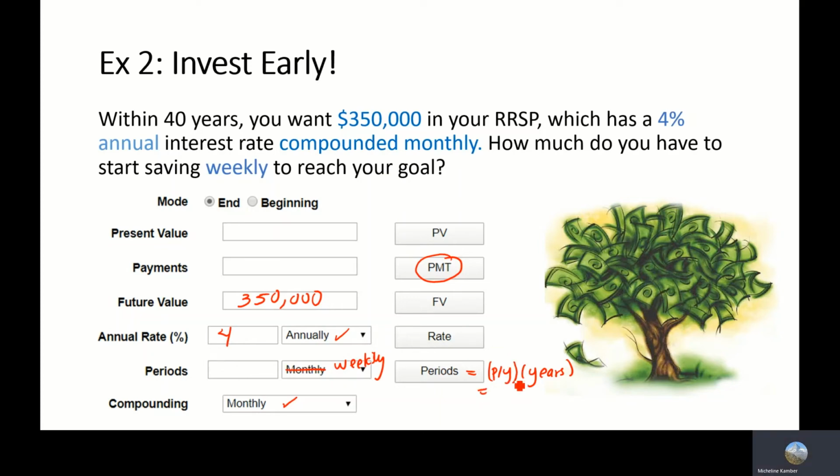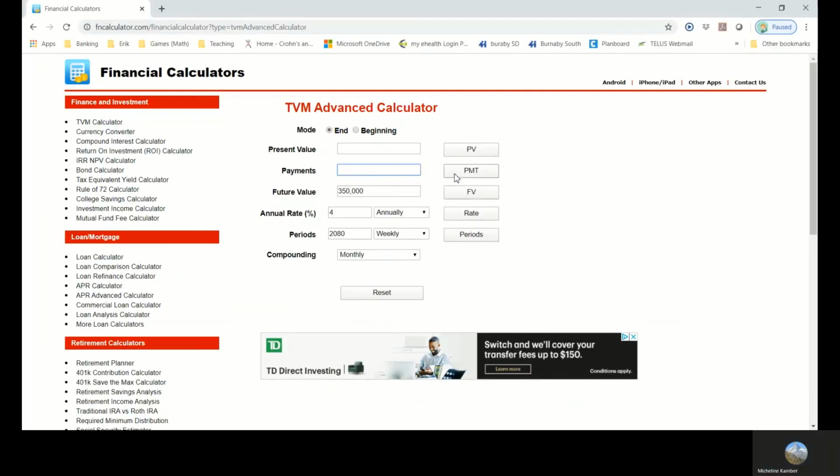Since we are paying weekly, that would be 52 times a year times 40 years. And this works out to 2,080 periods. So we would enter 2,080 periods. In order to reach your goal, you would have to deposit $68.25. Notice it's negative, meaning you're making a payment.